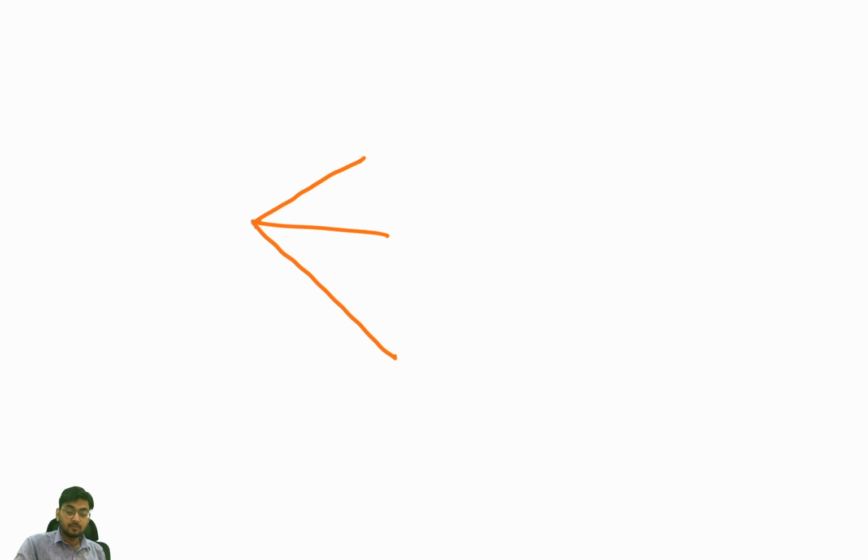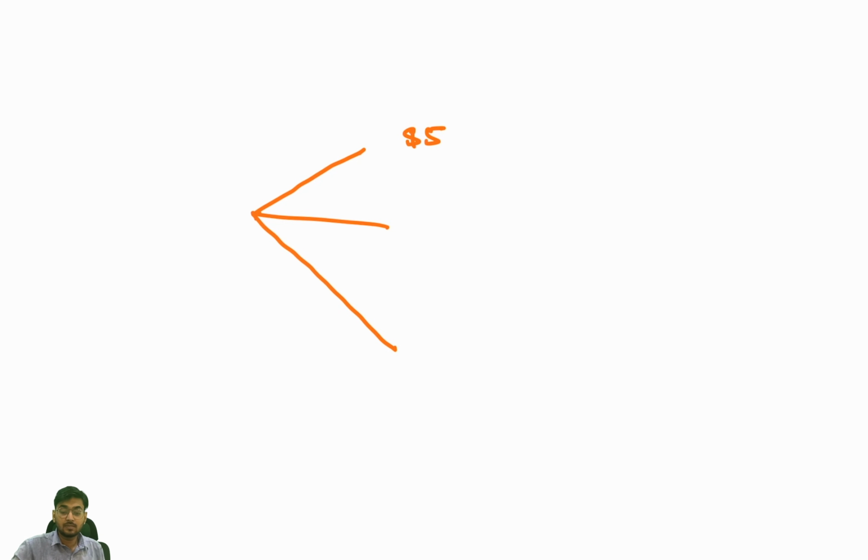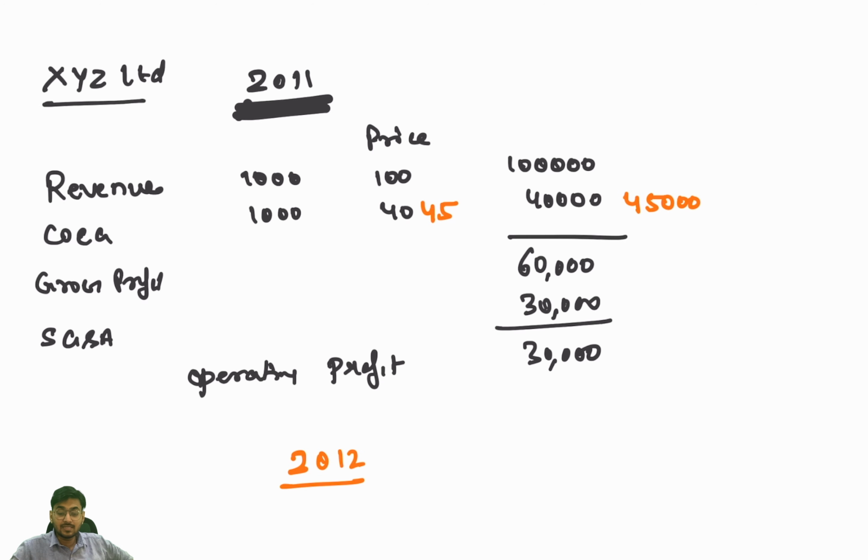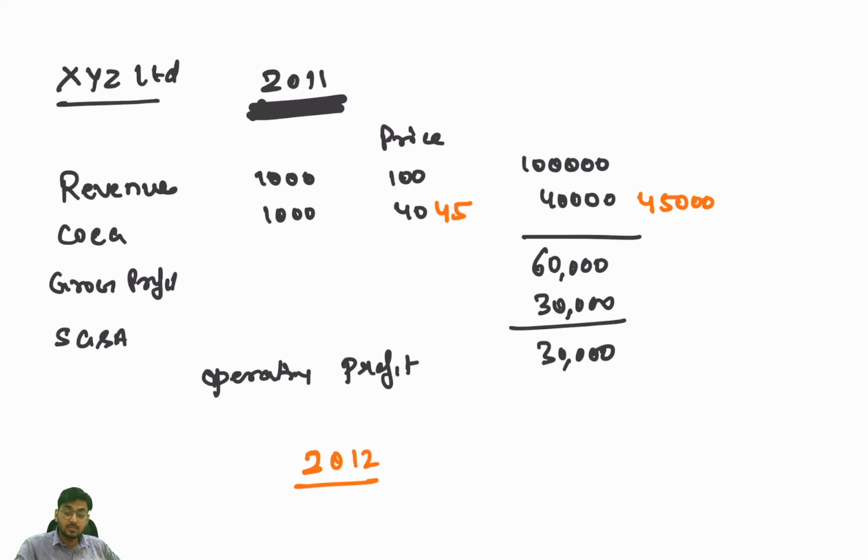Means $5 I will increase the price. Clear? And the number of units sold is not affected. Means the number of units sold remain the same, that is 1000 units only. So this will become 105, this will become 105, this will become 10500.